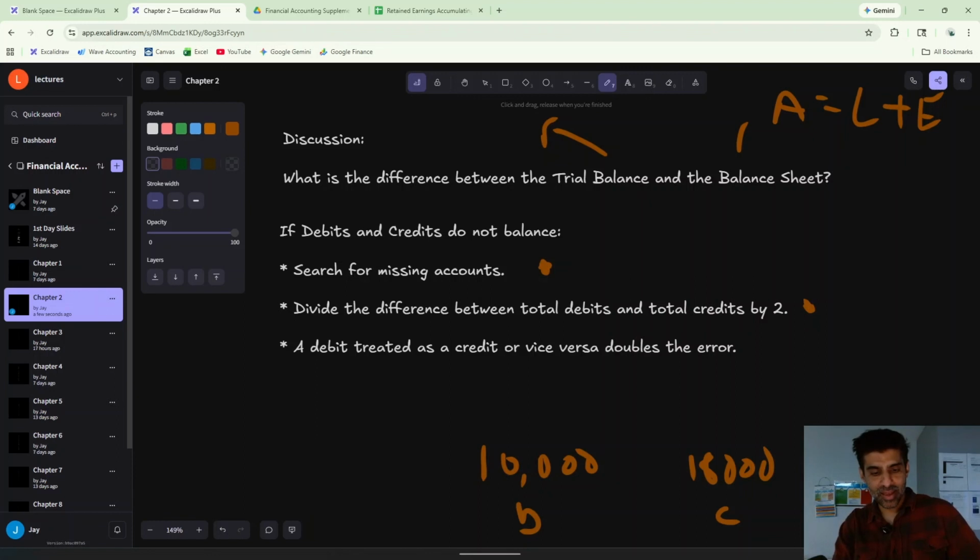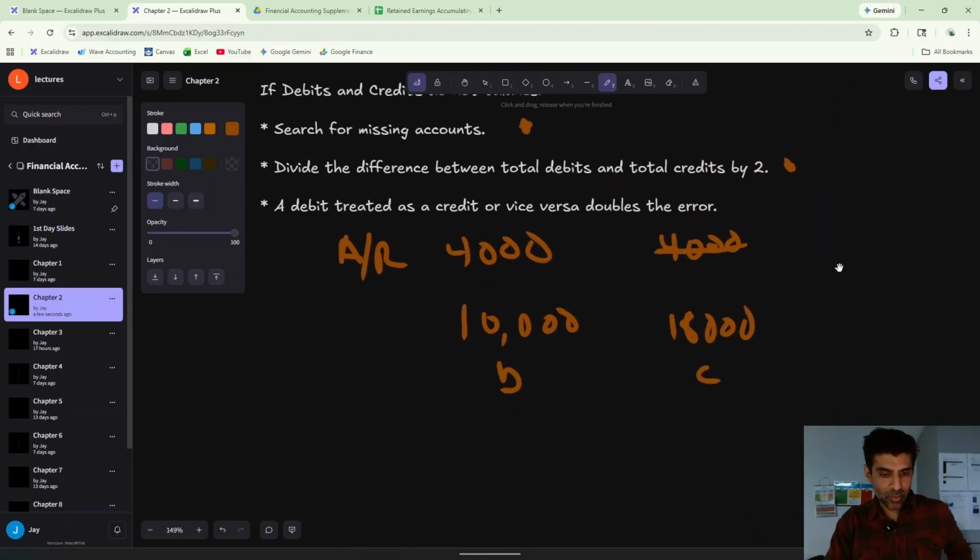Okay, so why is that? So let's say this is accounts receivable. You accidentally put $4,000 as a credit, and it should have been a debit. So what will happen when I correct it? If I cancel this and move it here, this 18,000 is going to go to 14, and what about this? 14.